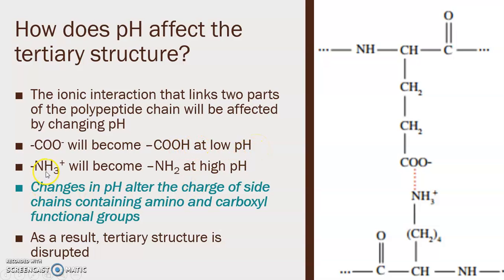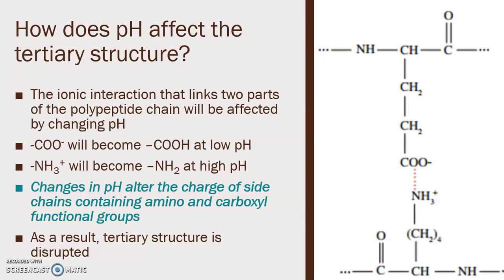Or if the pH becomes very high, then the NH3 group will lose its hydrogen to go back to become an NH2 group at high pH. So we talked about when a zwitterion will change its charge, becoming a cation or anion at different pH.